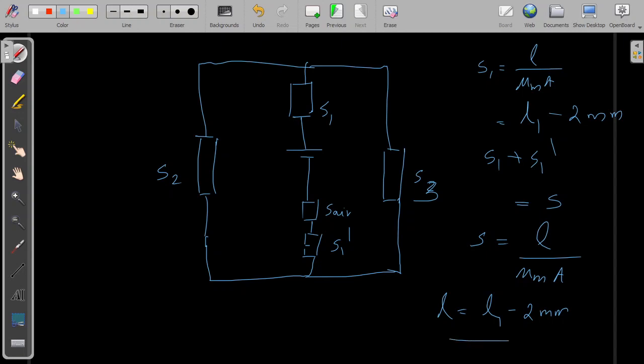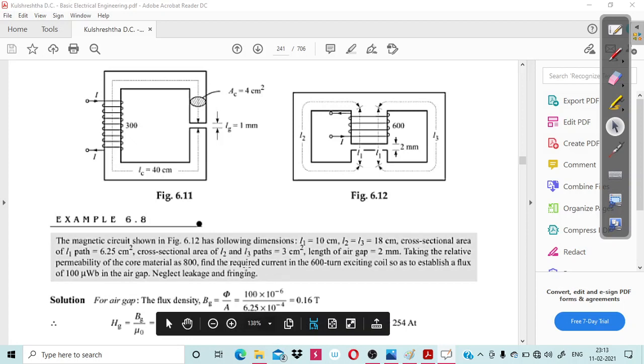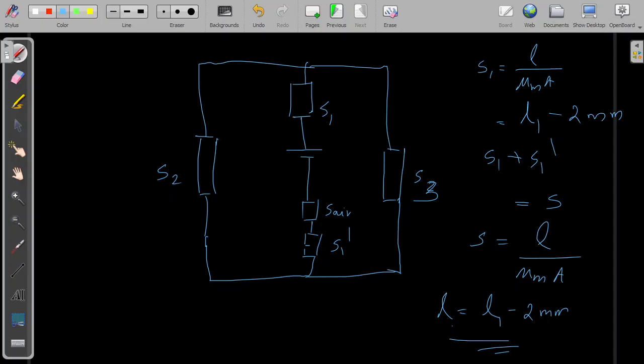So you calculate this, then you will get L, and substitute here L by mu A, where mu is mu 0 mu r, that is mu 0 is 4 pi into 10 power minus 7, and mu r is given as 800.